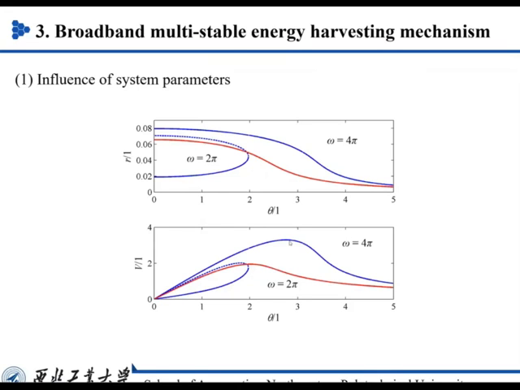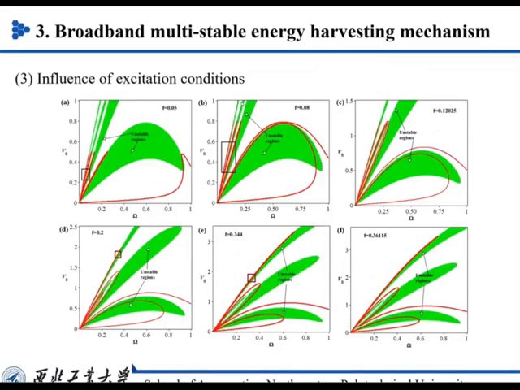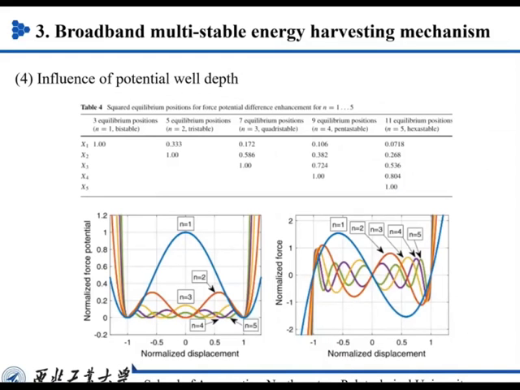So we can find that when the frequency is different, the biased electromagnetic coupling coefficient is also different. This is for capacitance, and as the excitation condition changes, the stable and unstable regions can also change.